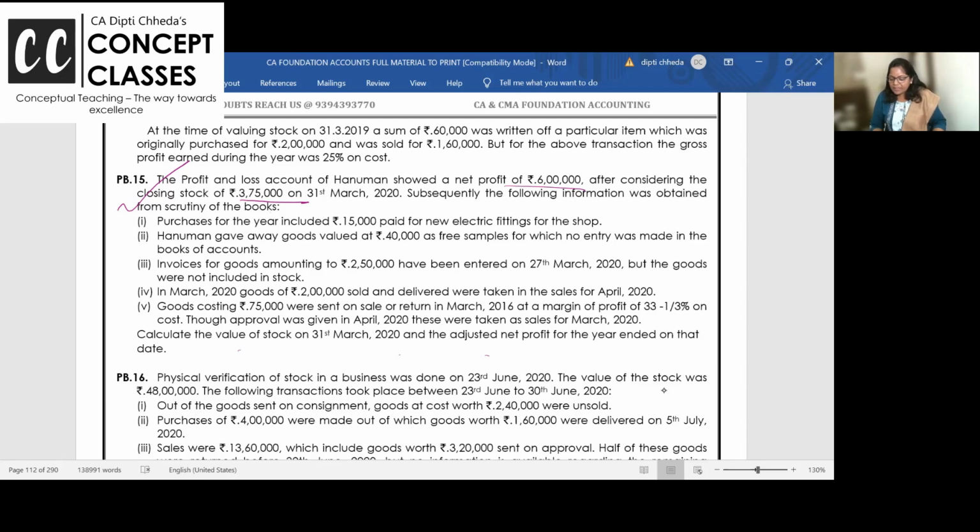Purchase for the year included 15,000 paid for new electric fittings. Hanuman gave away goods of 40,000 as free samples. I'll tell you each and every adjustment. So we know all these, how to pass journal entries, how to rectify the entries, and accordingly we will see the impact of each item, and we will make a statement of stock also and adjusted profit also.